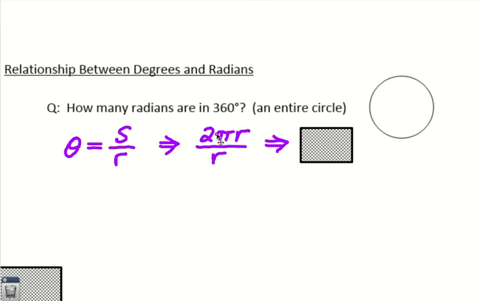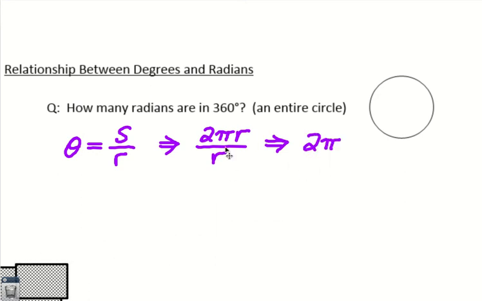So 2 pi r right here, and then really quick, what happens from this? If you look at 2 pi r over r, is there anything you can do with that? The r's will cancel out. They'll divide out to 1. So 2 pi would be the final answer. And don't forget, people, that 2 pi is just a number because pi is a number. What number is pi?